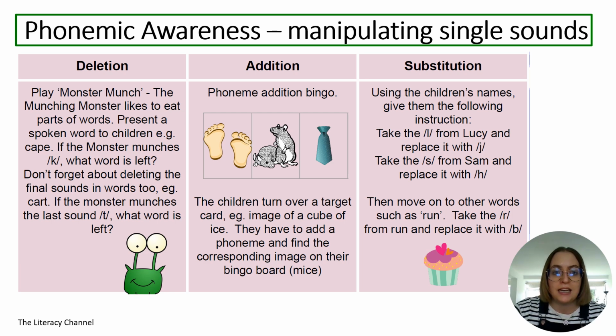So addition bingo: the target card could be an image of a cube of ice, and the child has to add a sound in, for example the m in mice, and then they have to find the picture that matches. And then substitution, using the children's names: we can take Sam and replace it with an h sound. What is the word now? Ham.